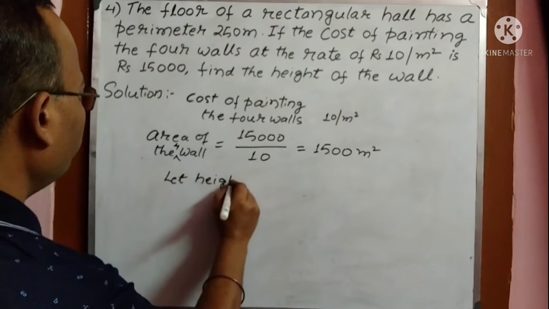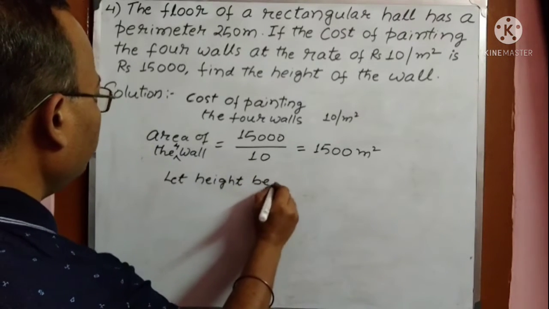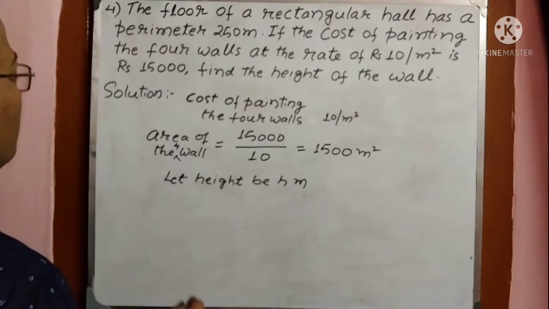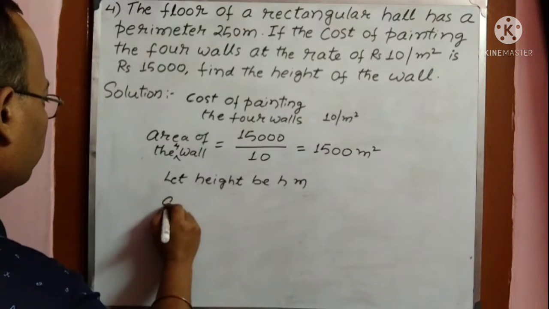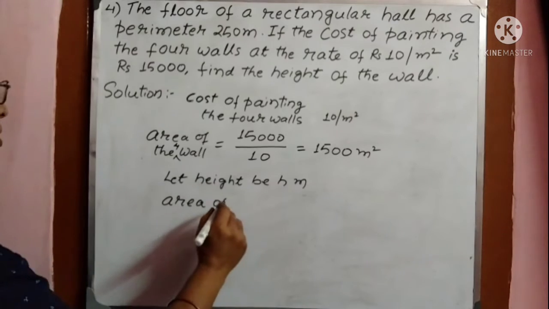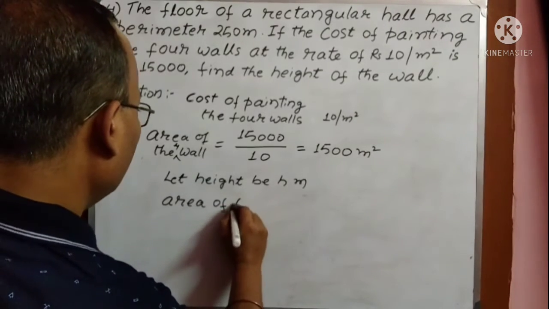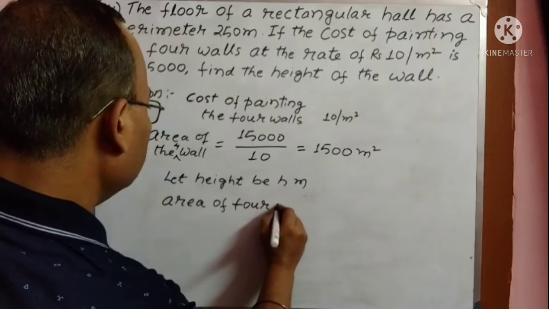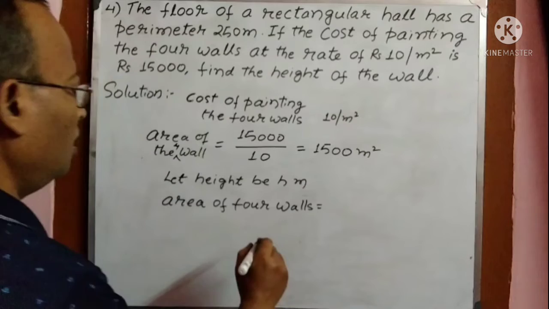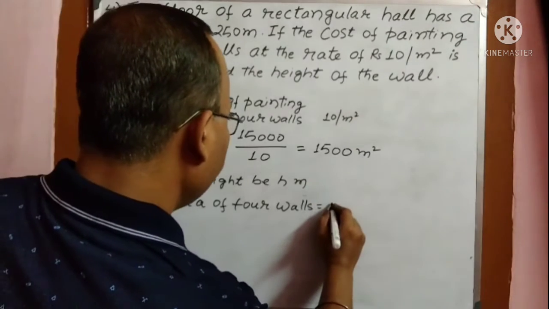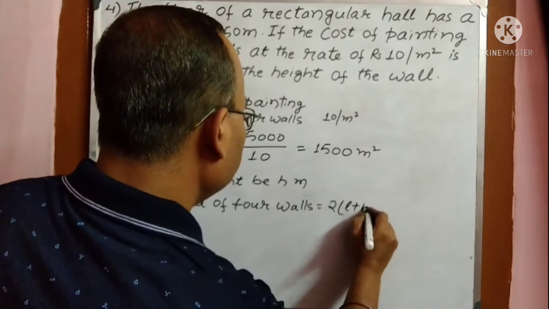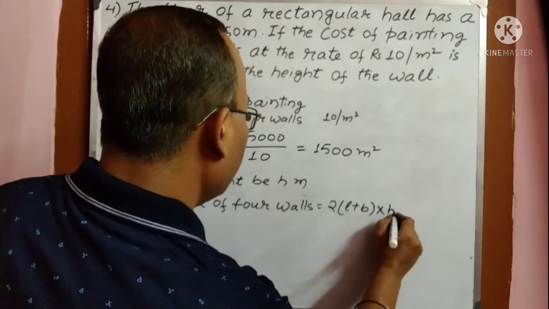Let the height be h meter. Clear? So the area of your 4 walls is actually 2 into (length plus breadth) into height.